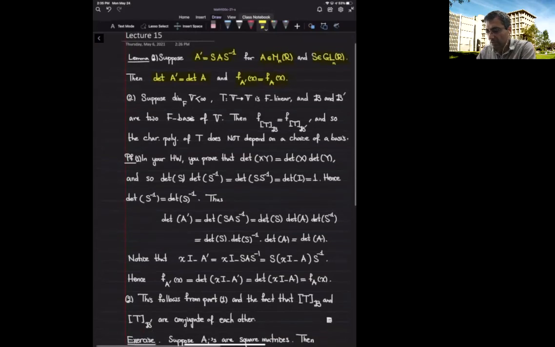Using this, we can deduce that if I start with a linear transformation from a finite dimensional vector space to itself, and I choose two different bases of this vector space, the characteristic polynomials that we get after looking at these two different matrix representations of T are going to be the same. So the characteristic polynomial of this linear transformation does not depend on a choice of a basis. It just depends on the linear transformation. The same is true for the determinant. Okay, let's see why this is the case.